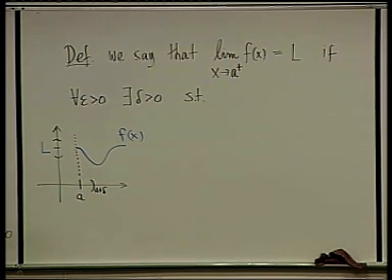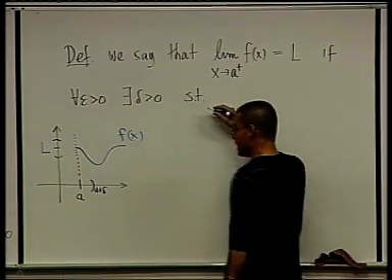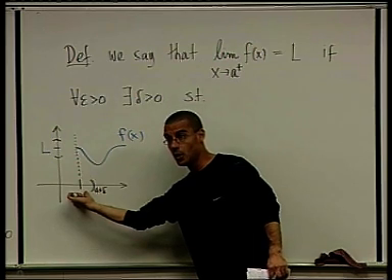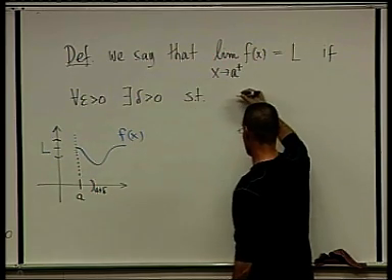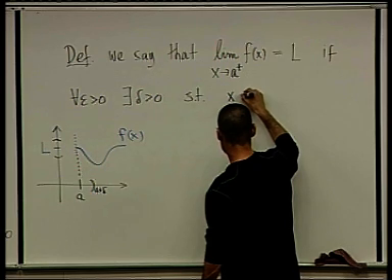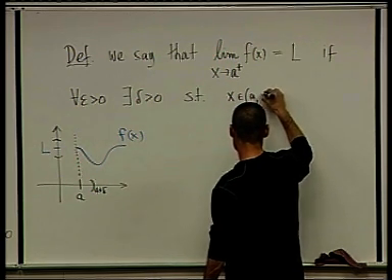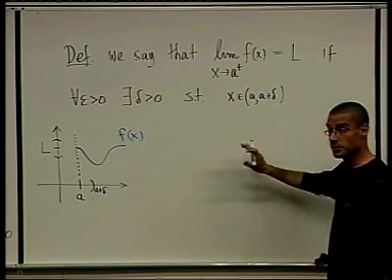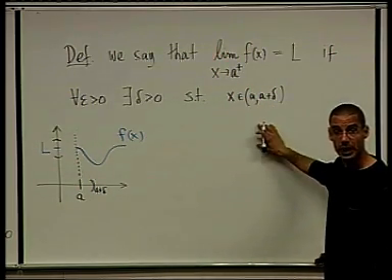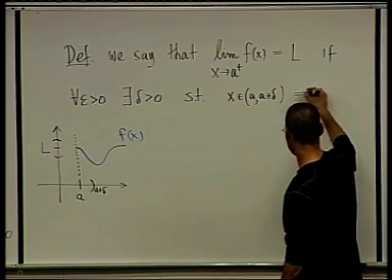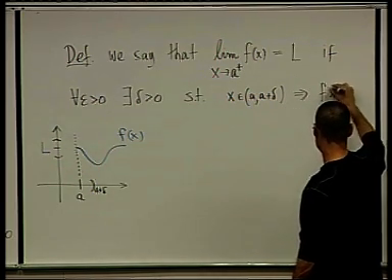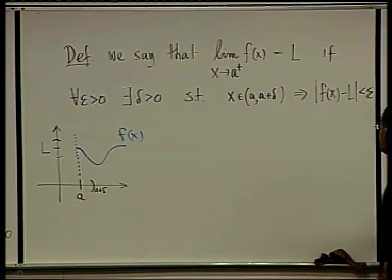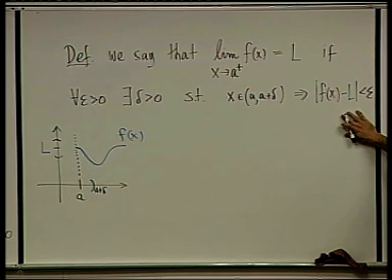Okay? So the statement is, instead of writing x between A minus delta and A plus delta, or absolute value of x minus A is less than delta, I'm just going to write, if x belongs to (A, A plus delta), sometimes called a right neighborhood of A, implies, and this thing doesn't change at all, that the absolute value of f of x minus L is less than epsilon.